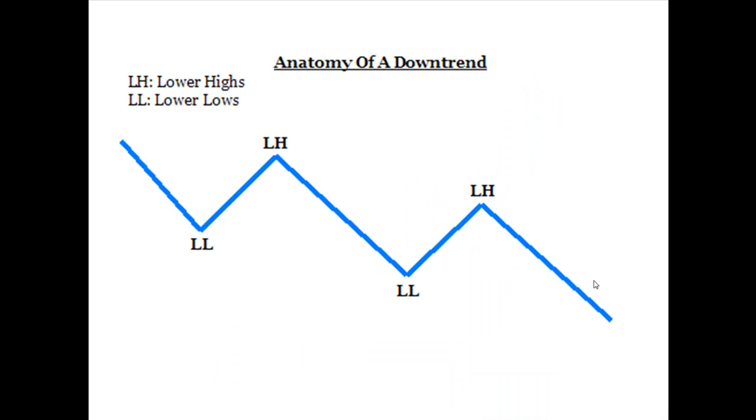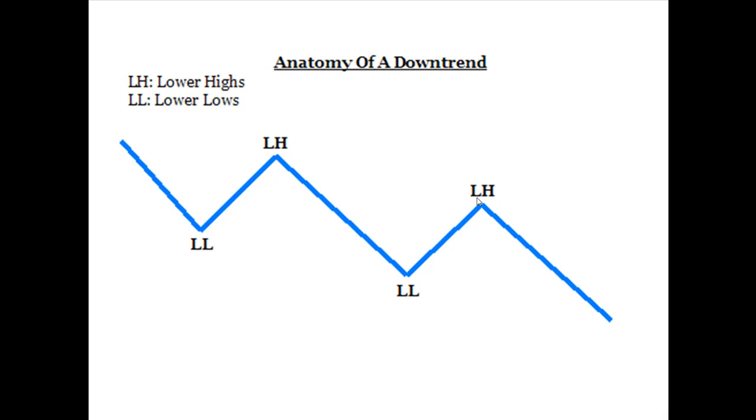Now opposite to that, this is the downtrend. You can see here that the characteristic of a downtrend is that it makes a lower low, and a lower high as well. So here you can see this high is lower than the previous high, and here the low is lower than this previous low.